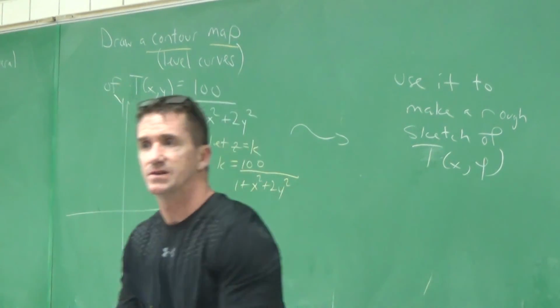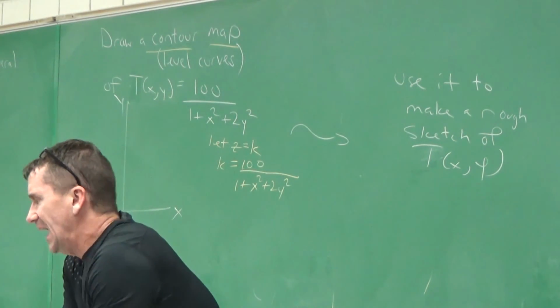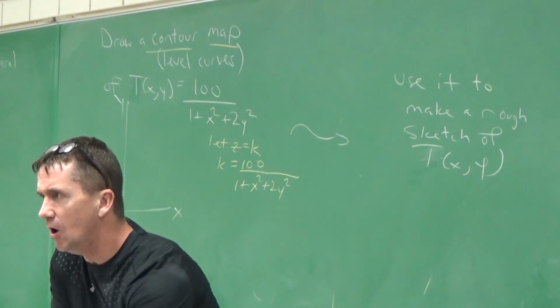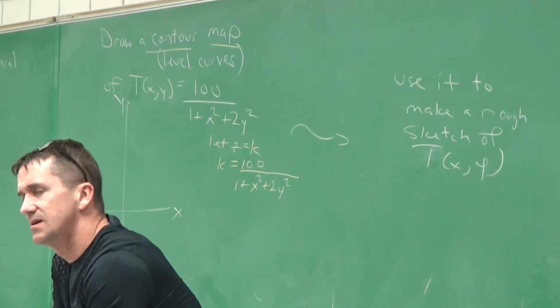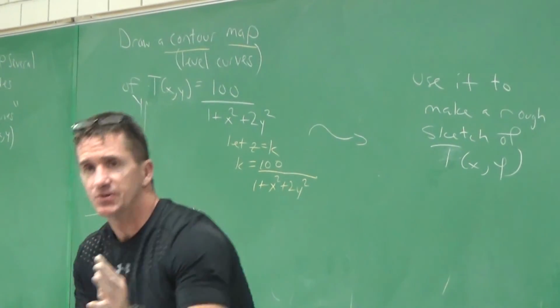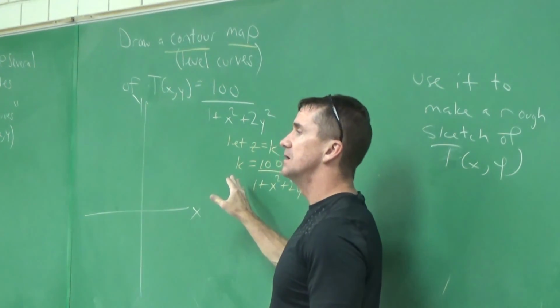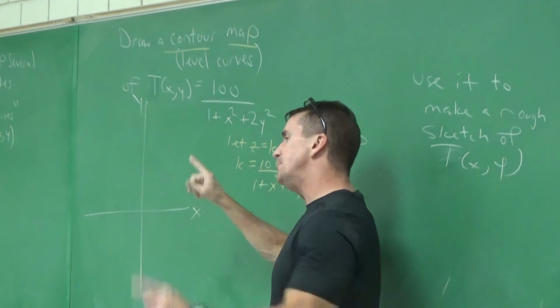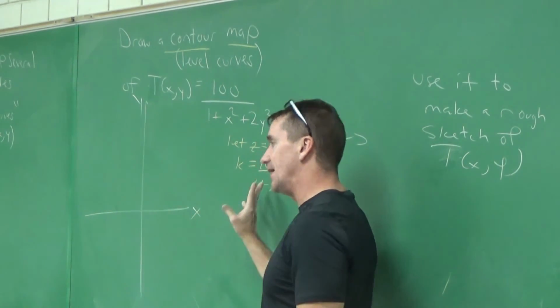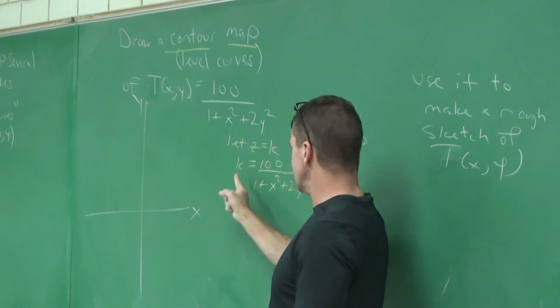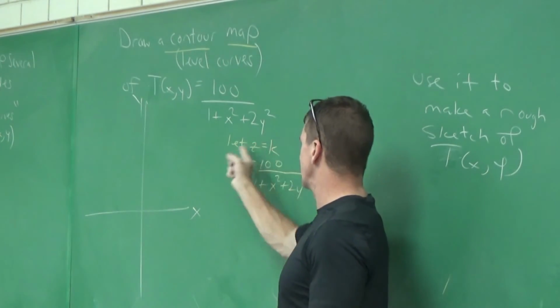Here's my recommendation though. I didn't write it on the board, but step 2, you just got to pick k values and make the sketches. How about this? Step 2, take this equation and manipulate it to your liking and then pick k values. See, if I start picking k values now, I don't know what that really looks like in the xy plane.